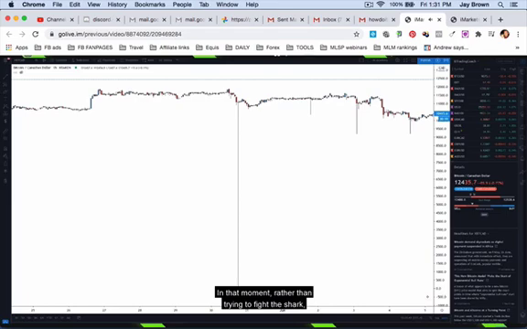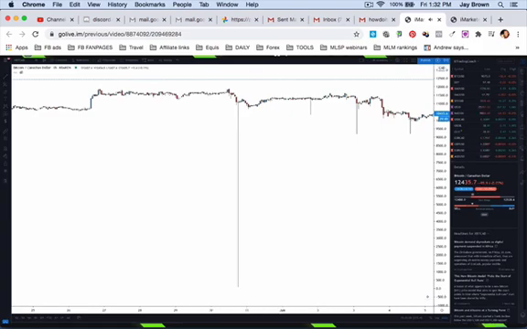In that moment, rather than trying to fight the shark, you would wish that you could be positioned alongside it, like one of those remora suckerfish. You see, the individuals that are moving the market will do absolutely anything to capture the most amount of money.